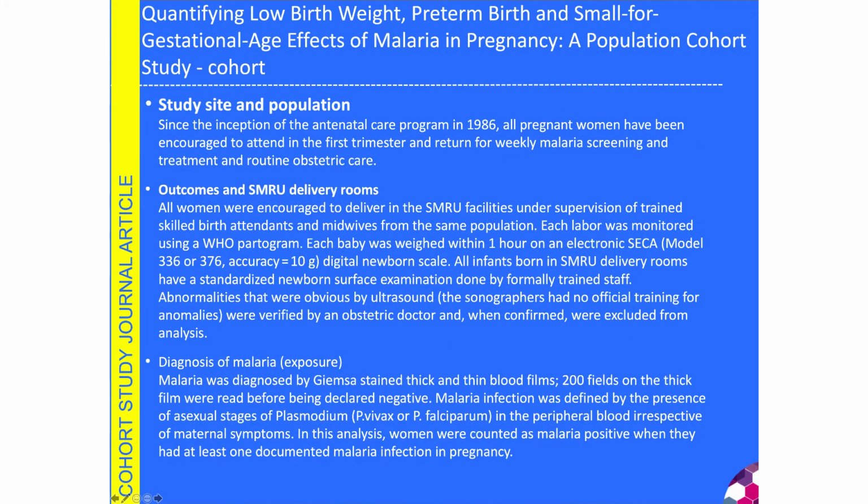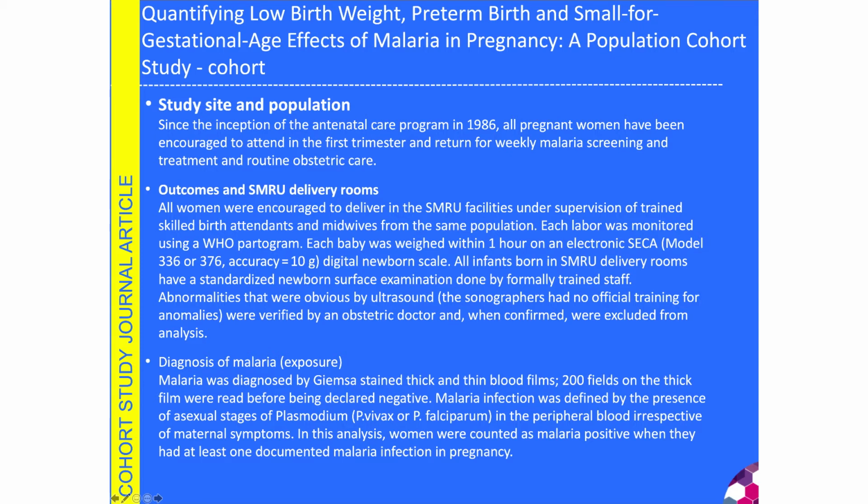In terms of the baby's weight, they used an electronic Seca scale to measure it with an accuracy of 10 grams, and they also list the model 336 or 376. It was all infants born in the SMRU delivery rooms, where staff had followed a standardized newborn examination.